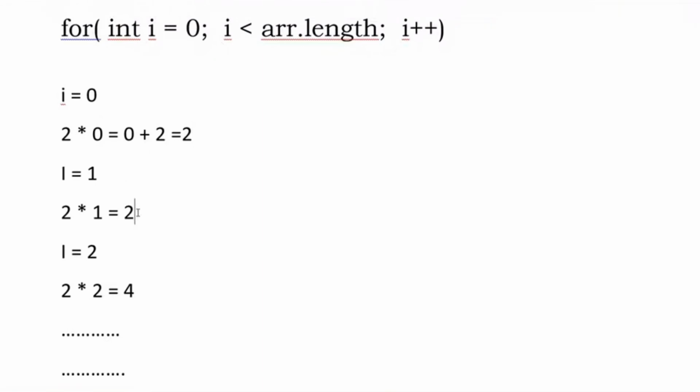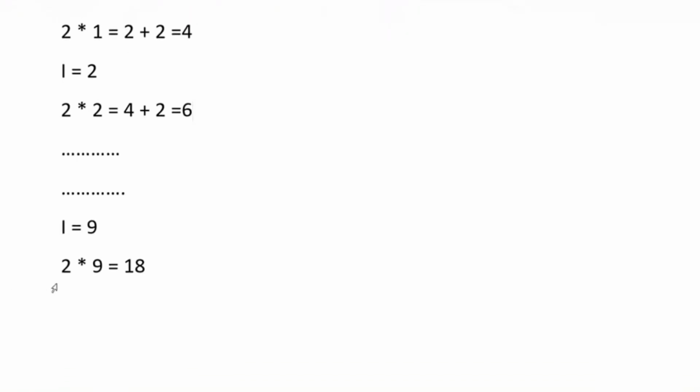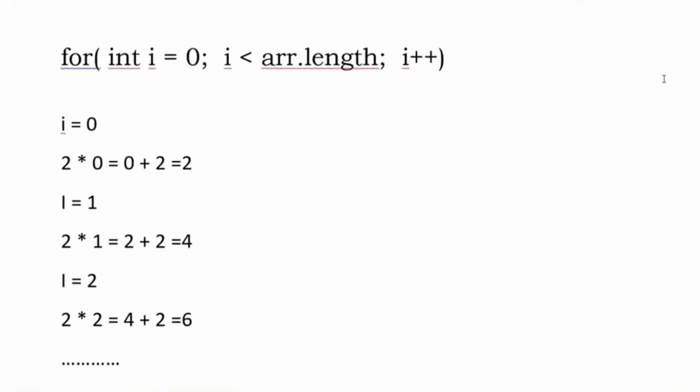Same as 2 plus 2 equals 4, and 4 plus 2 equals 6, and up to 9, 18 plus 2 equals 20. So our logic is going to be created.